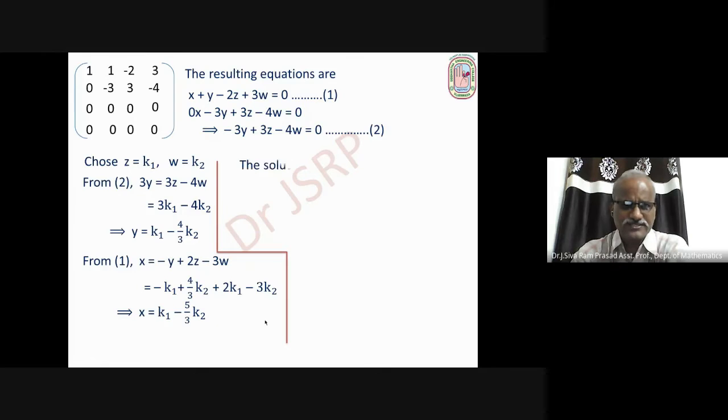Therefore, the solution is the column vector x, y, z, w equal to: first, the x value, k1 minus 5 by 3 k2; next, the y value, k1 minus 4 by 3 k2; the z value, k1; and the w value, k2. So here we have two arbitrary constants k1 and k2.